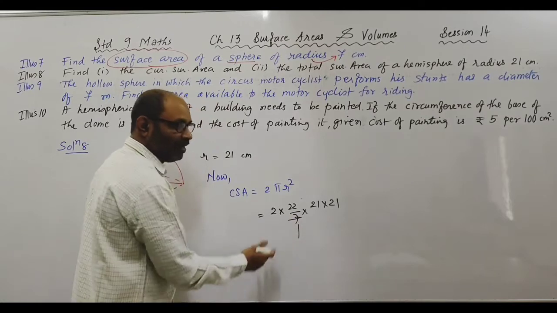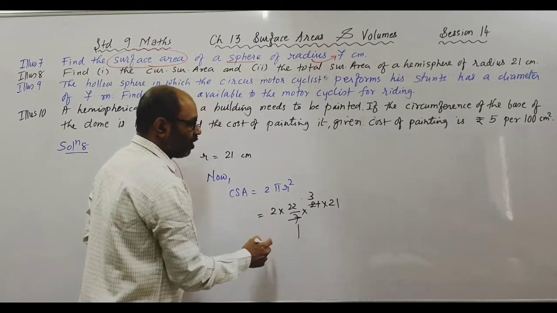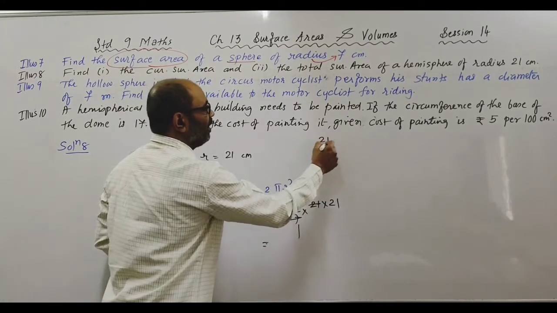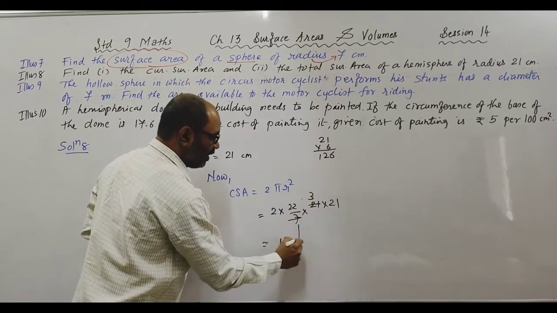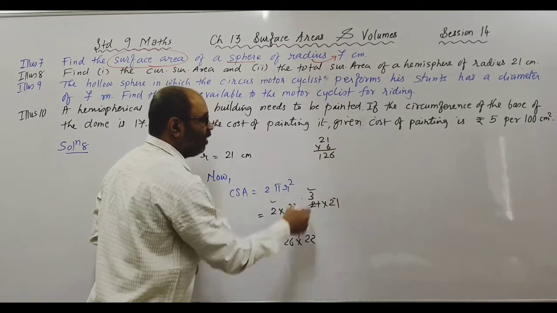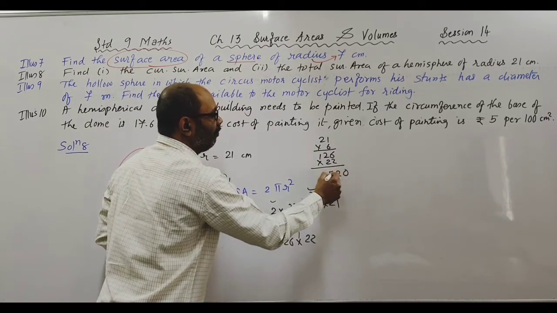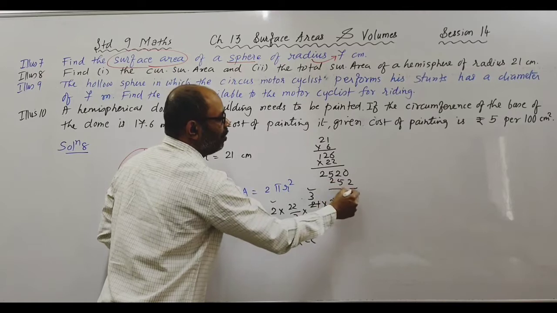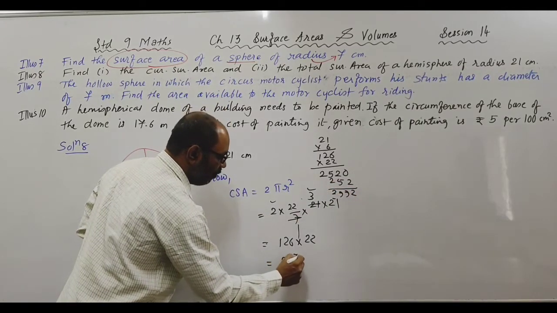And what we were waiting for happens, it cancels easily. Now 3 2s are 6, so 21 multiplied by 6 is 126, into the 22. Multiply this: that is 2772.